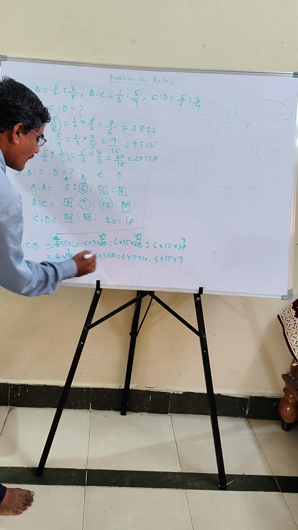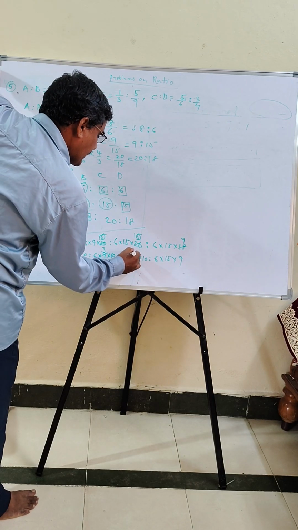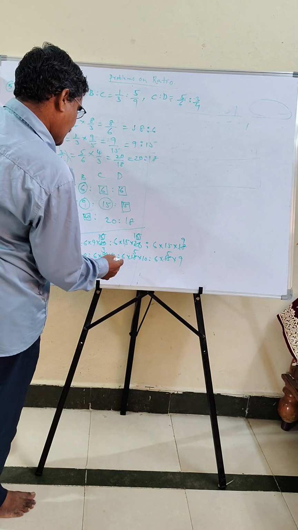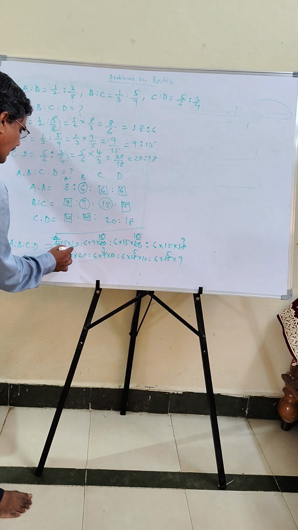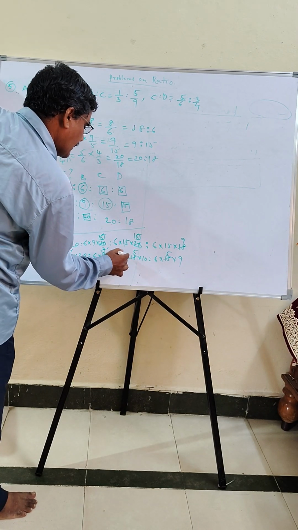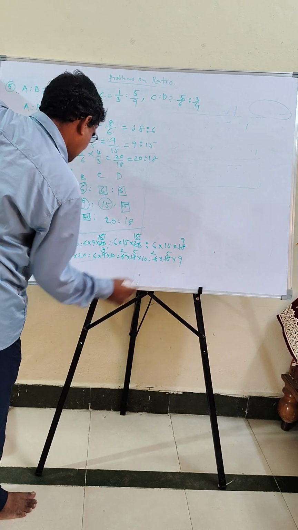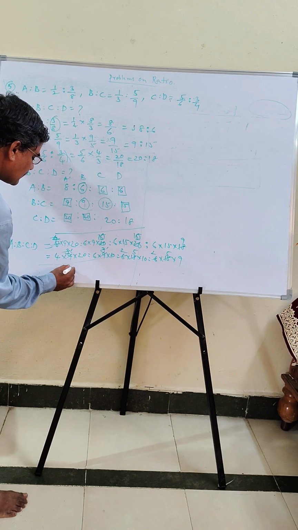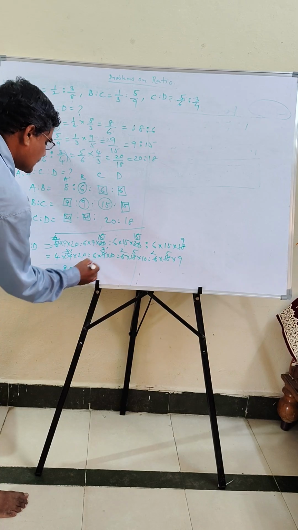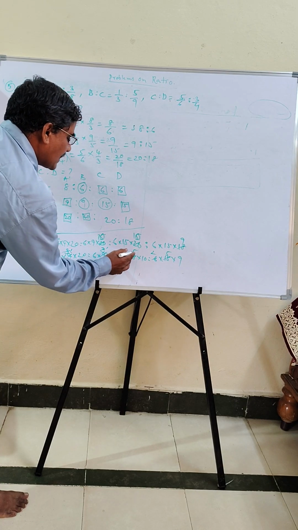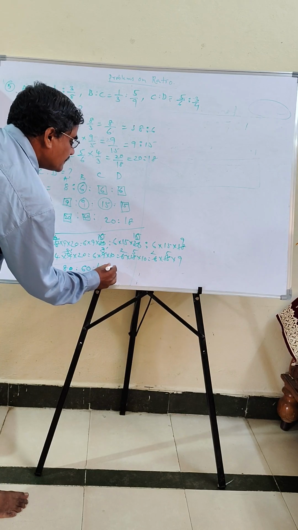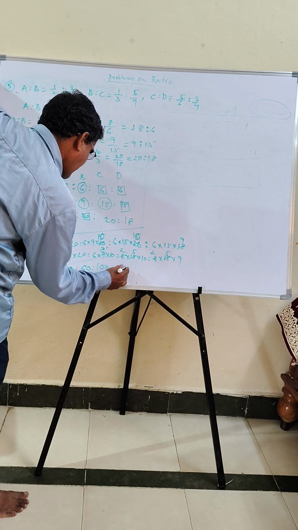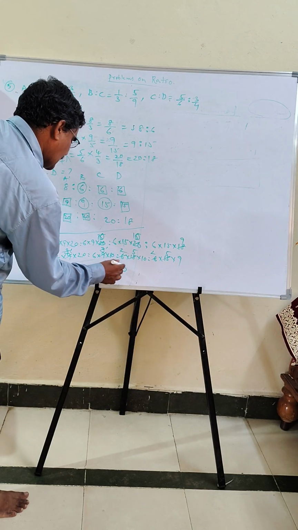Continuing to cancel common factors, we get 4 into 2 into 10, which is 80, is to 6 into 10, which is 60, is to 10 into 10, which is 100, is to 10 into 9, which is 90. The zeros get cancelled here.